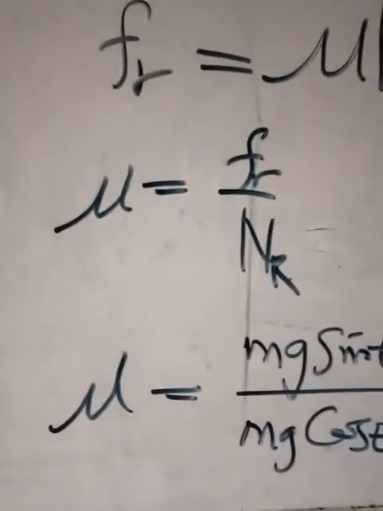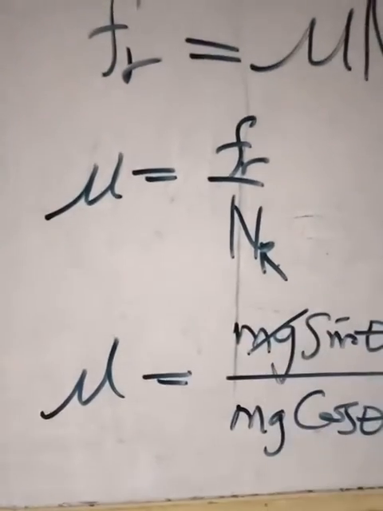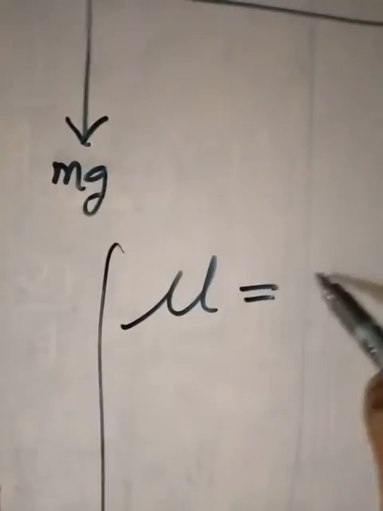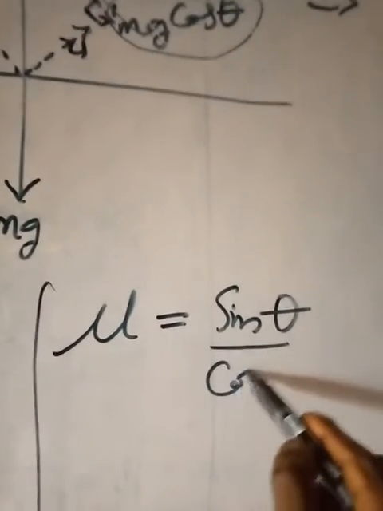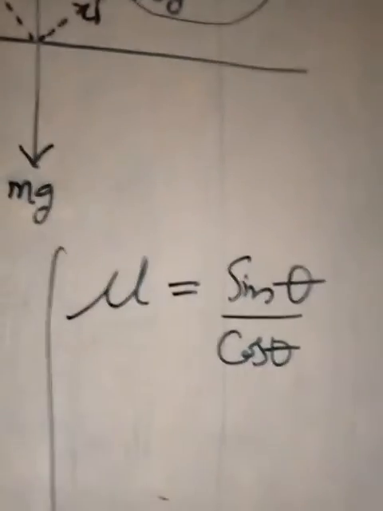Now you can see that mg will cancel mg, so the coefficient of static friction will now equal sine theta divided by cos theta.